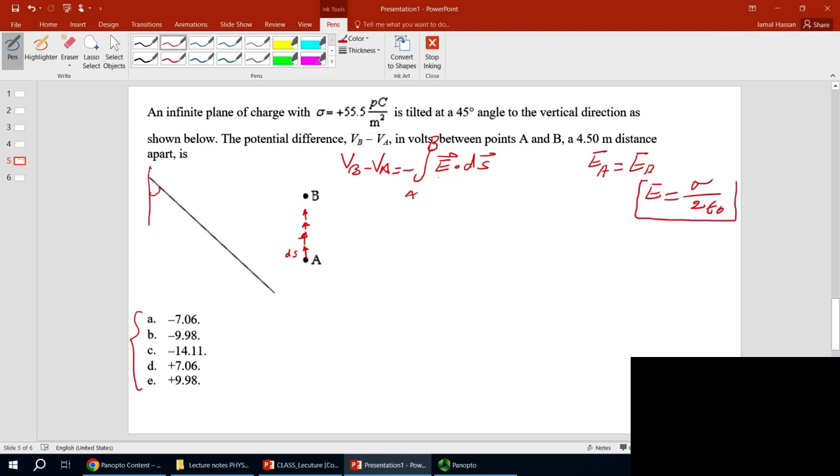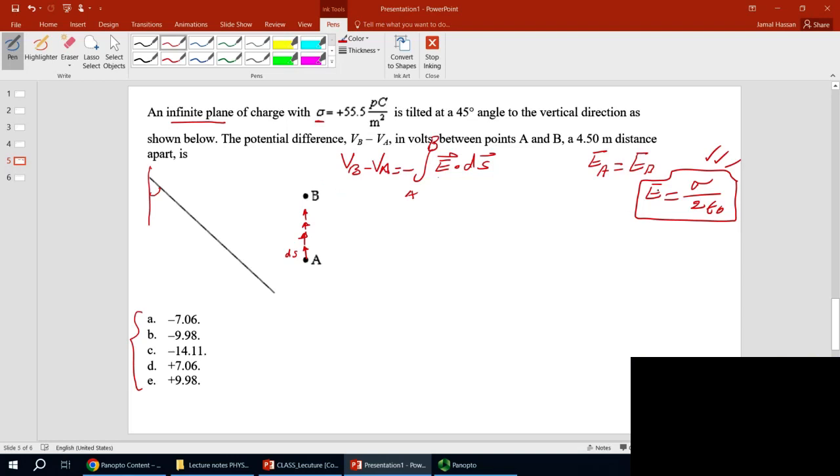If you forgot this relationship or this expression, please review chapter 23, my video on using Gauss law to obtain this equation. This is true if you have an infinite plane of charge distribution, surface charge distribution.